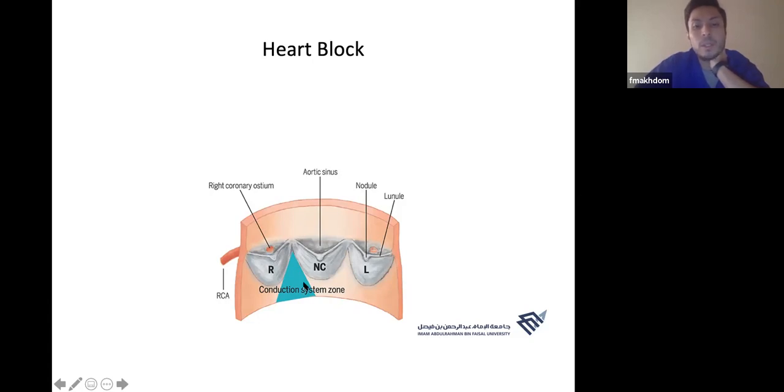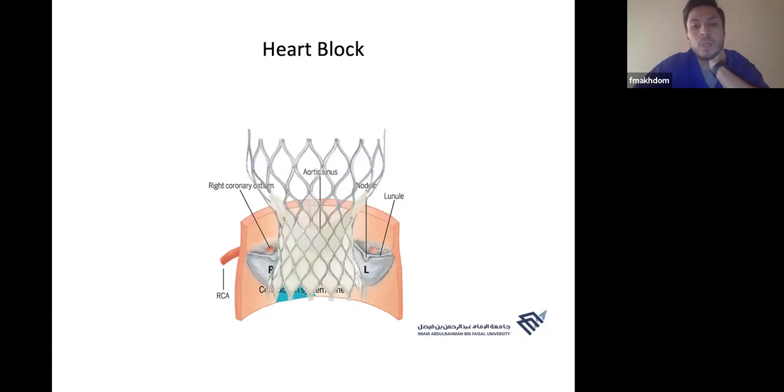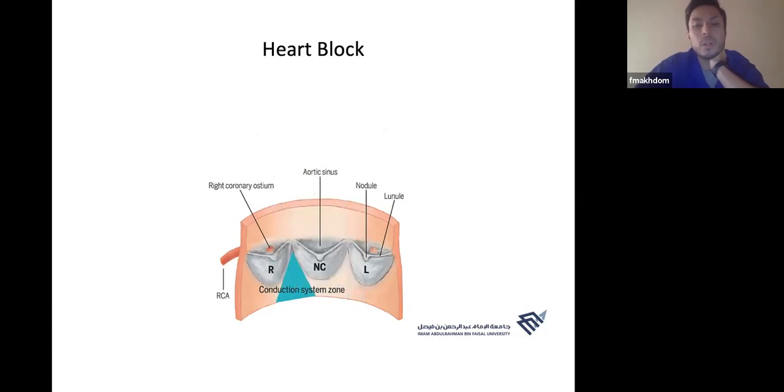But during TAVI implant, this is usually unavoidable. We have to come across the imaginary line here, the basal ring or the annulus, as we all call it. So the prosthesis has to come at least touching this line. So you have all this triangle between the right and the non-coronary with interference from the prosthesis.